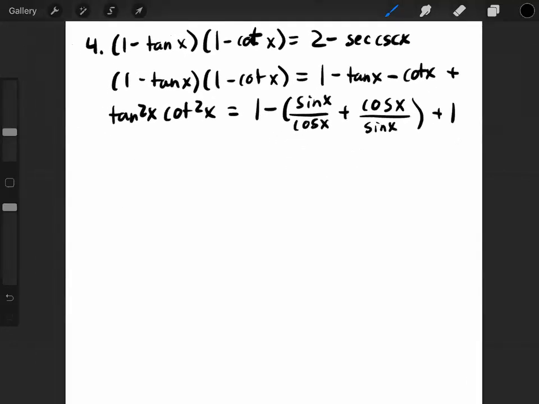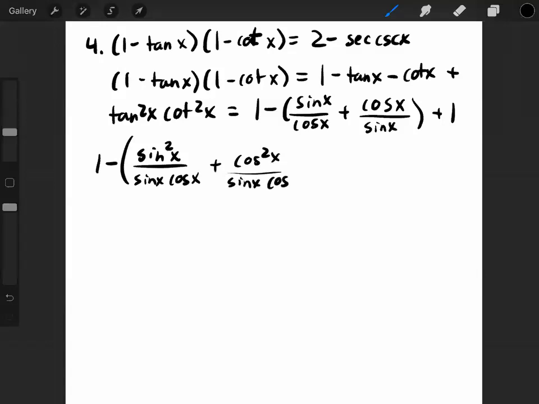And when that occurs, we get 2 minus sine squared x over sine x cosine x plus cosine squared x over sine x cosine x. Sorry, I miswrote that before.